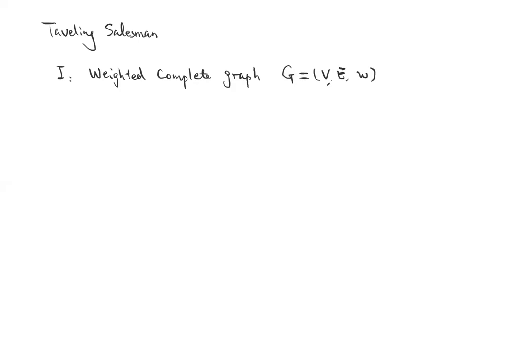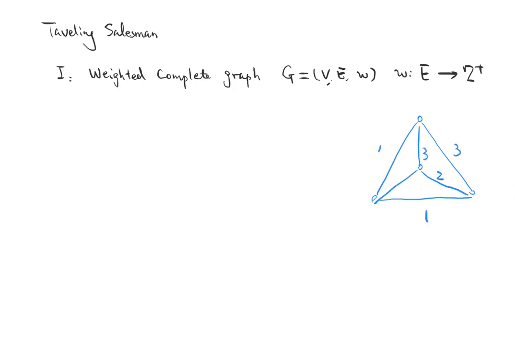The weights are on edges, say positive integers. It's a complete graph, so we have all possible edges. For example, here is an instance: say 1, 2, maybe 3, 3, 4, 5. Each edge has a weight.